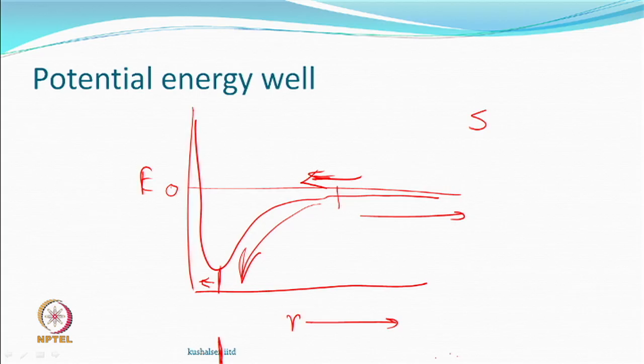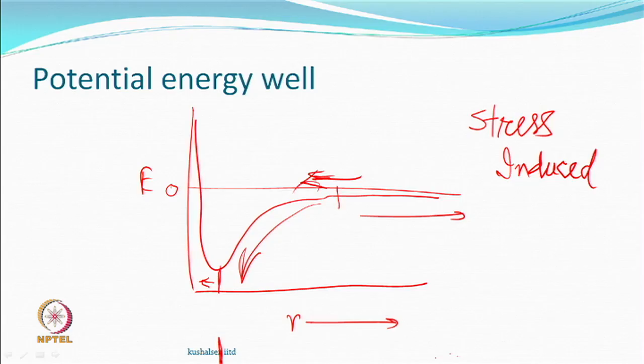So, this is what we call stress induced crystallization. You have done something and therefore the molecules have come together now, and hopefully, if they happen to be somewhere here, then this process will be automatic.